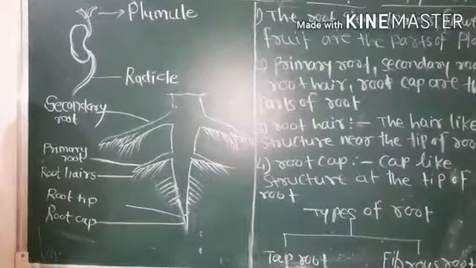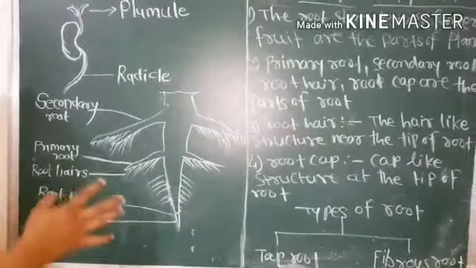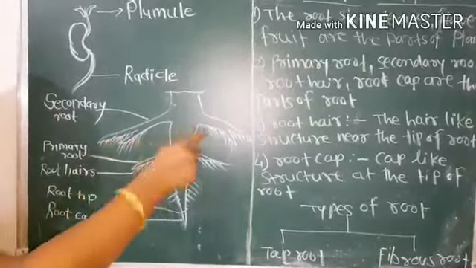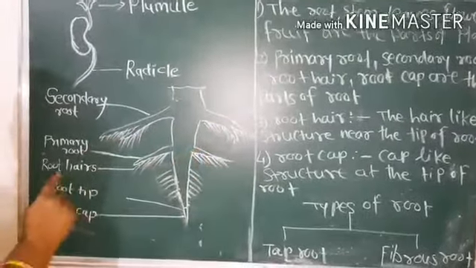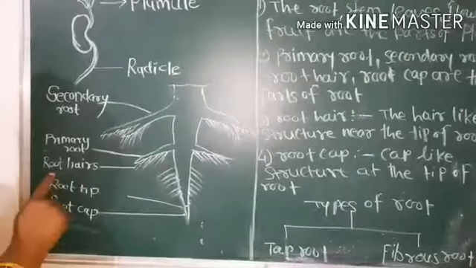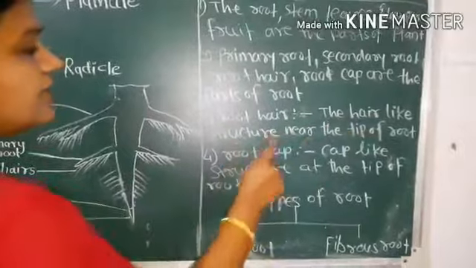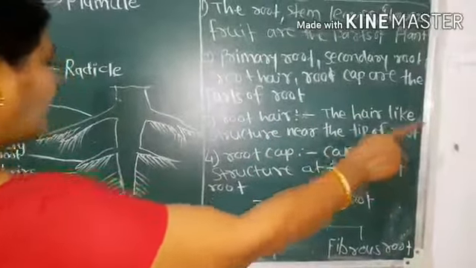Okay. So see here in this diagram we see this hair-like structure near the tip of the root. These are called root hair. What is root hair? Root hair means the hair-like structure near the tip of the root.